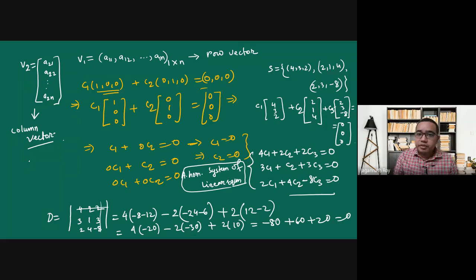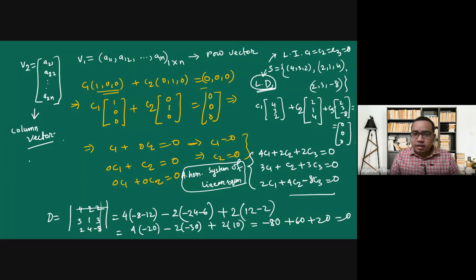Since this set of vectors is linearly dependent, we are getting infinitely many solutions, more than one solution. But if it was supposed to be linearly independent, then C1, C2 and C3 would be 0.